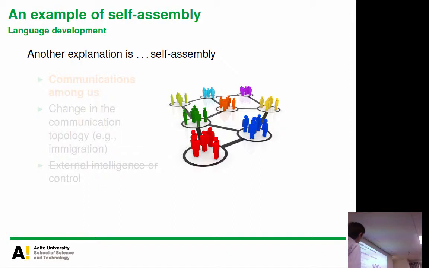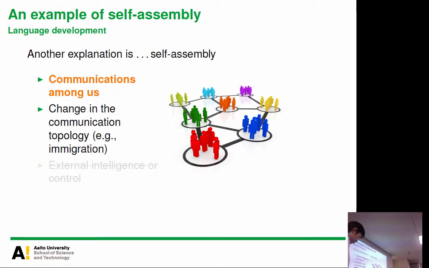So according to some theories, maybe people start talking with each other, and then, of course, sometimes people change the communication topologies. Sometimes they go to a new continent, so they change their ways to talk, and through these communications, they figure out, oh, I should say it this way to make myself clear, so I shouldn't say that or that.